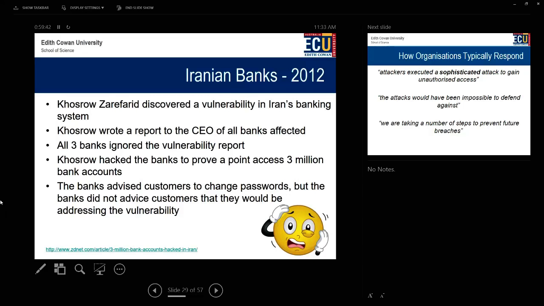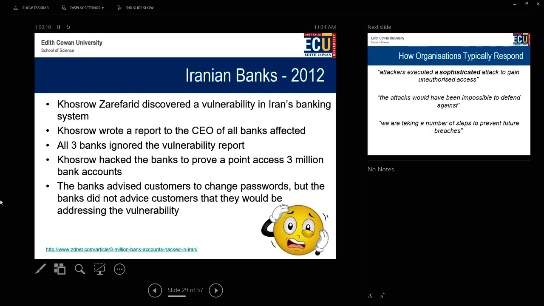This person discovered a vulnerability in Iran's banking system. He wrote a report to the CEOs of all the banks that were affected, and all 3 banks ignored his suggestion. He was being nice to those banks, saying, look, I have found this vulnerability in your system. This is the loophole in your system, so it is better to overcome this vulnerability.